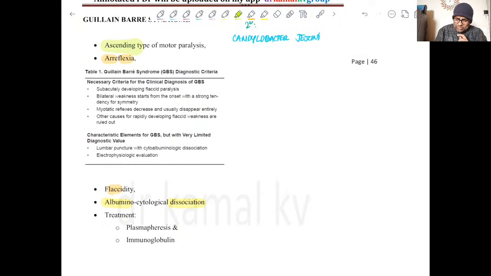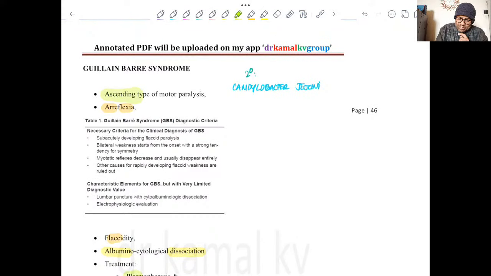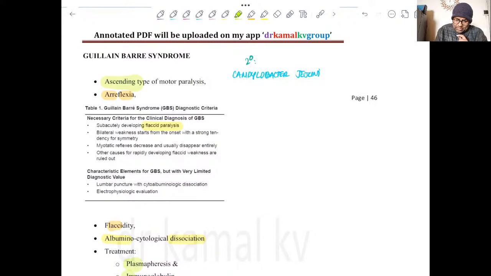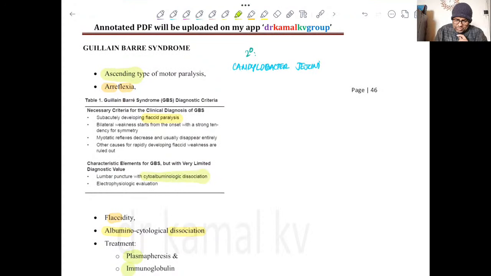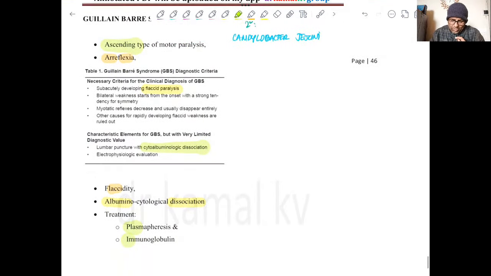Treatment wise, we can do plasmapheresis or we can give intravenous immunoglobulin, right? So coming to the diagnostic criteria, there is flaccid paralysis, typically a lower motor neuron kind of presentation, right? And there is albuminocytological dissociation, of course. So this is enough for GBS from exam point of view.